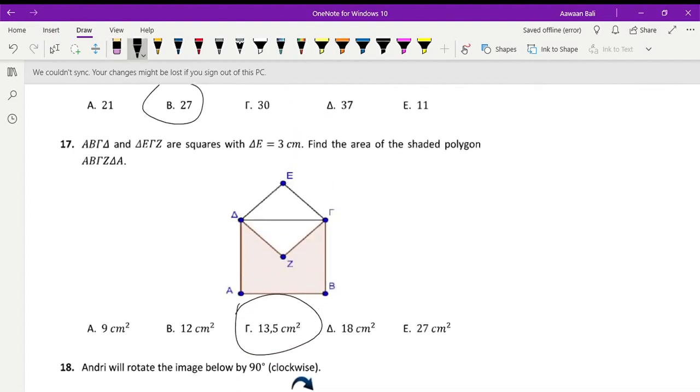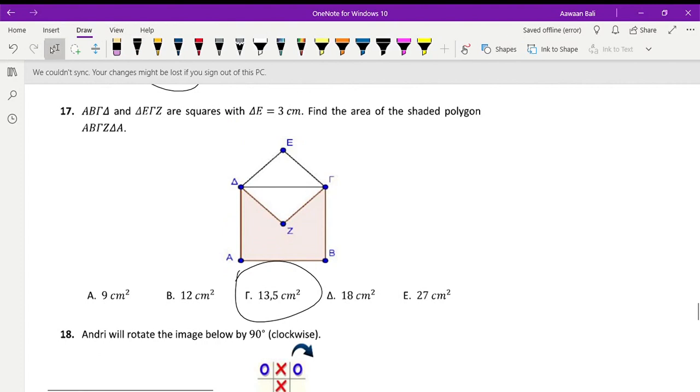Now, question number 17. Alpha, beta, gamma, delta, and delta, eta, gamma, zeta are squares with delta, eta as 3 centimeters. Find the area of the shaded polygon alpha, beta, gamma, zeta, delta, alpha. We actually covered this question before, but I'll say it again.